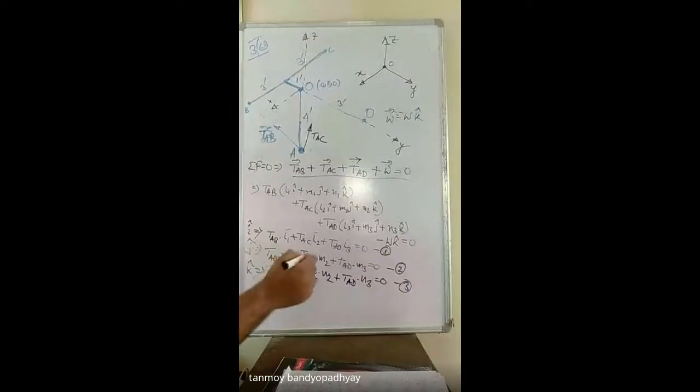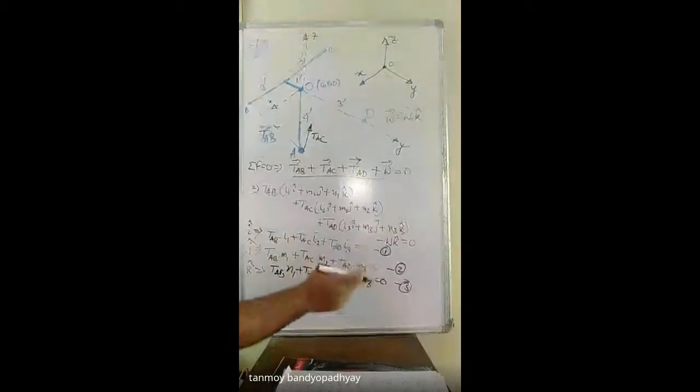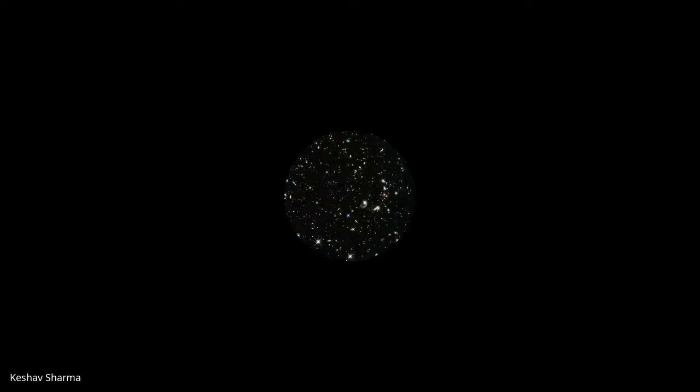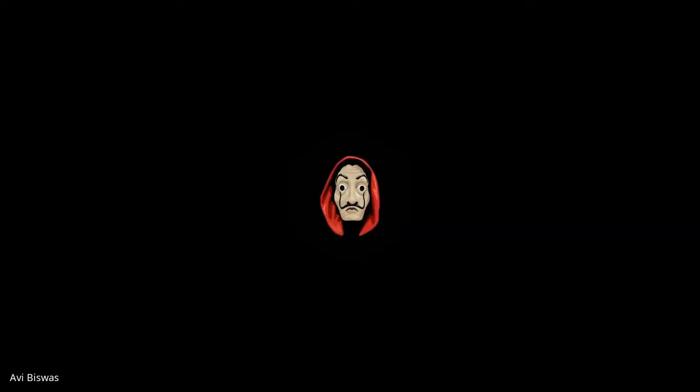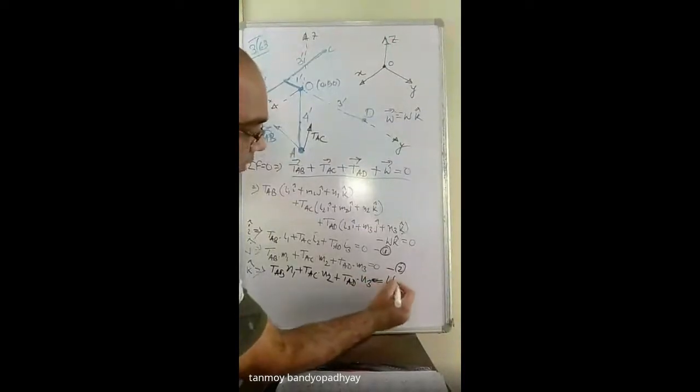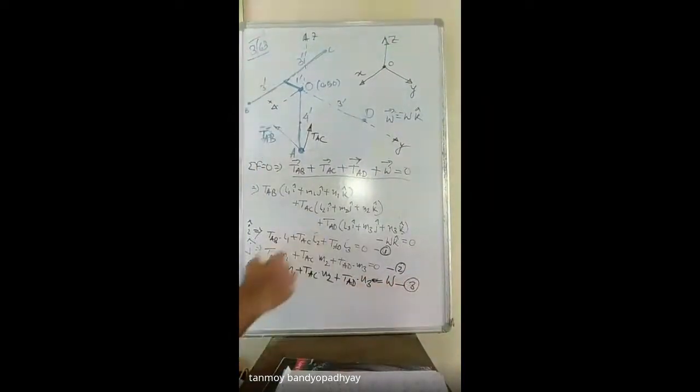These things are known: L1, M1, N1, L2, M2, N2, L3, M3 and N3. Sir, the W term will come in the third equation. Yes, if I write it on the positive side, it should be equal to W. So these are the 3 equations.